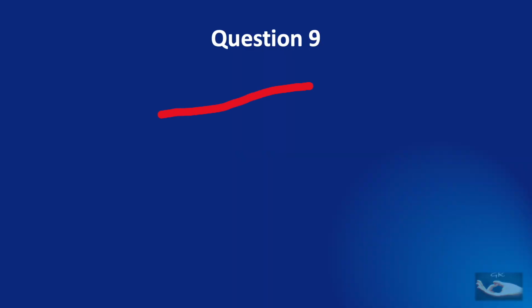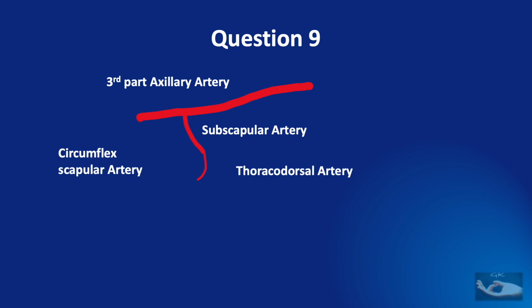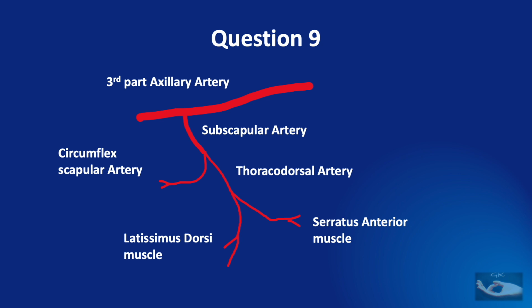The third part of the axillary artery gives off the subscapular artery. This in turn gives off the circumflex scapular artery and the thoracodorsal artery. The thoracodorsal artery divides to supply latissimus dorsi muscle and the serratus anterior muscles.